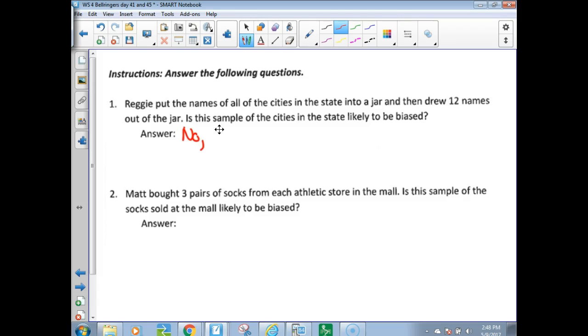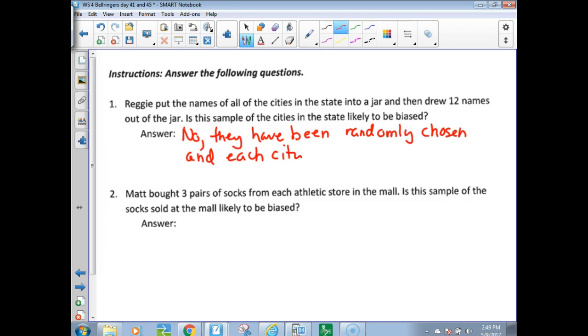No. They all have been randomly chosen. Okay. And each city is equally likely to be picked, whatever wording you want to use.